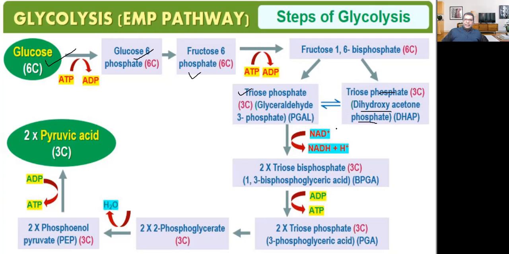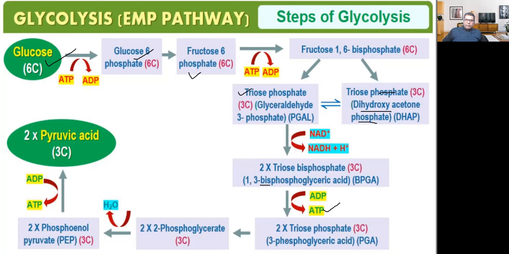Then one molecule of NAD will get reduced into NADH, and 2 molecules of 1,3-biphosphoglyceric acid, BPGA, will be produced. Again, there will be dephosphorylation, and ATP will be produced. So 1 phosphate will be removed, and it will become 3-phosphoglyceric acid.